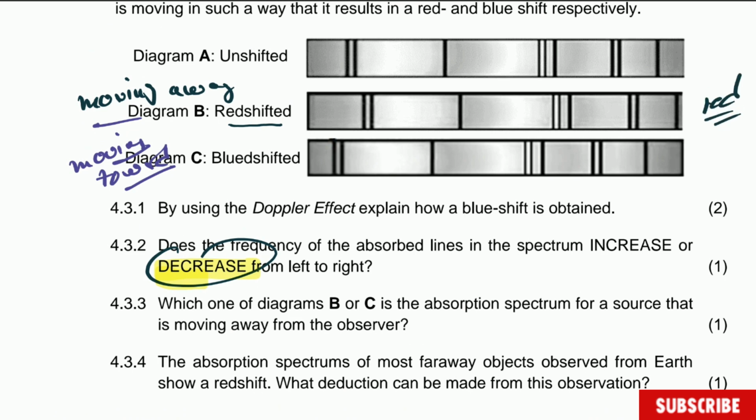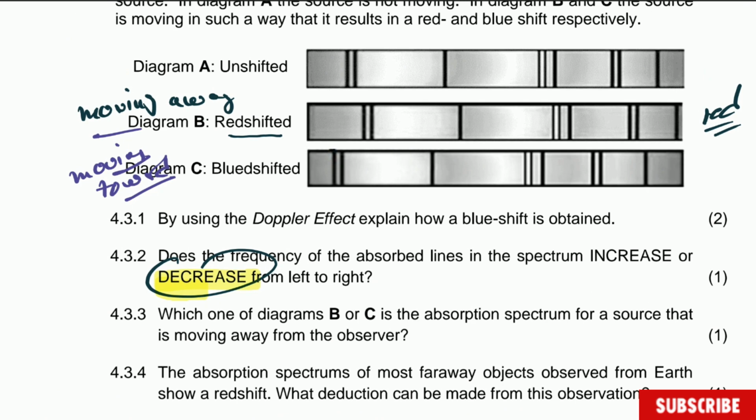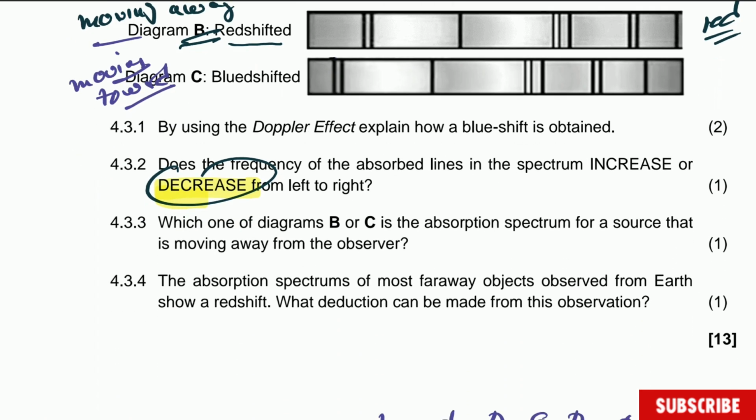You can see it there by the red shift. Which one of the diagrams B or C is the absorption spectrum of the source that is moving away? We already looked at this one. It is going to be source B. That one is the answer there. It's very simple. And the absorption spectrum of the most far away objects observed from the Earth shows the redshift. What is that? That is an indication that the universe is expanding.